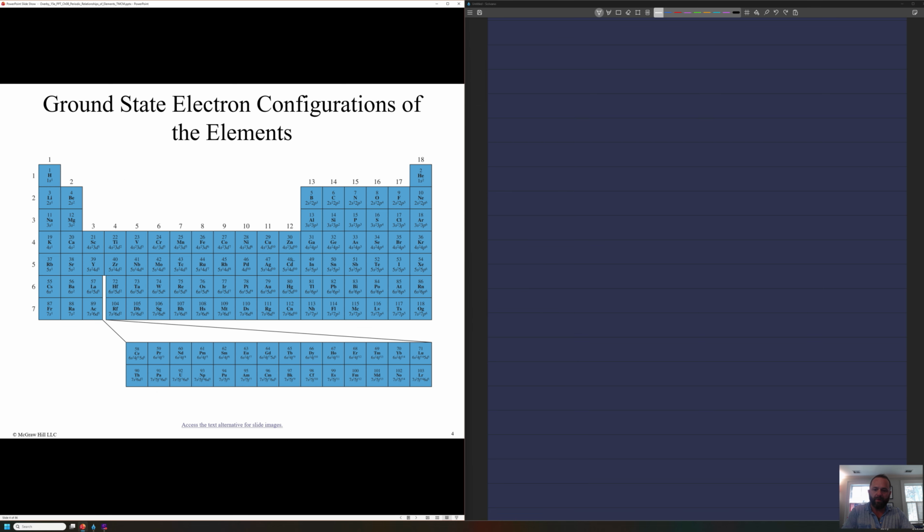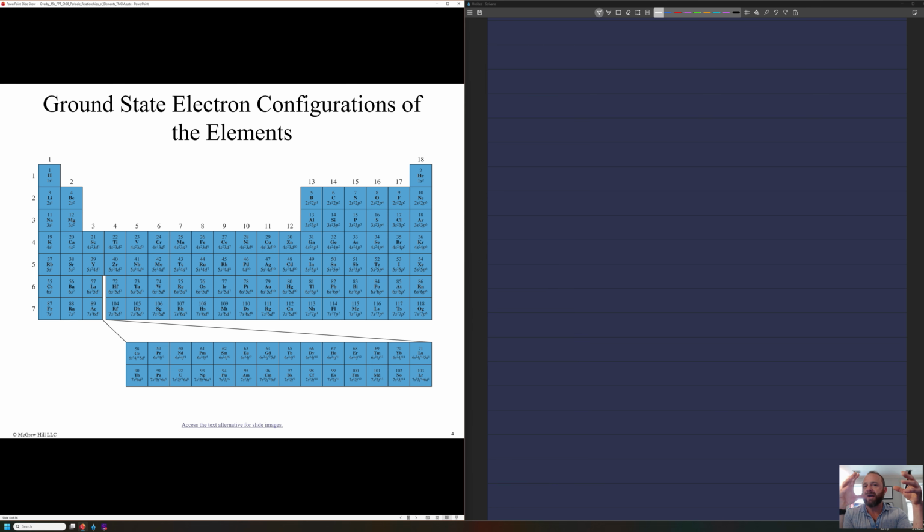Anyway, before we go on much further about the trends, you guys are going to be responsible for understanding the electron configuration of different elements. And it's not too difficult if you keep a few things in mind. So we can see here, from a previous chapter, we talked about the electronic nature of the atom.